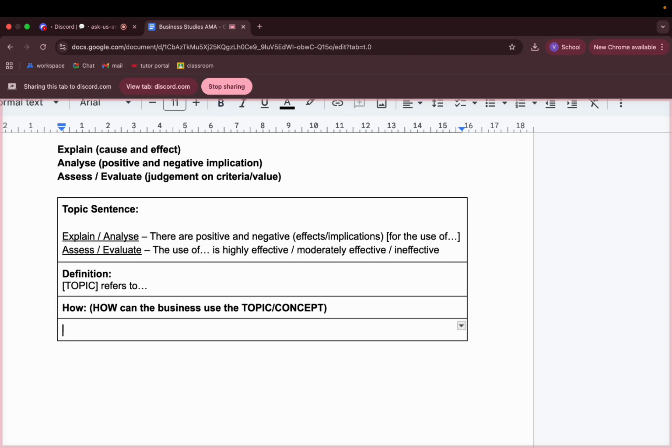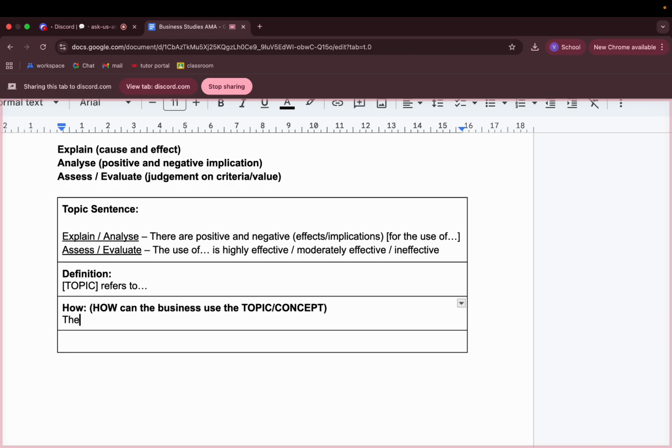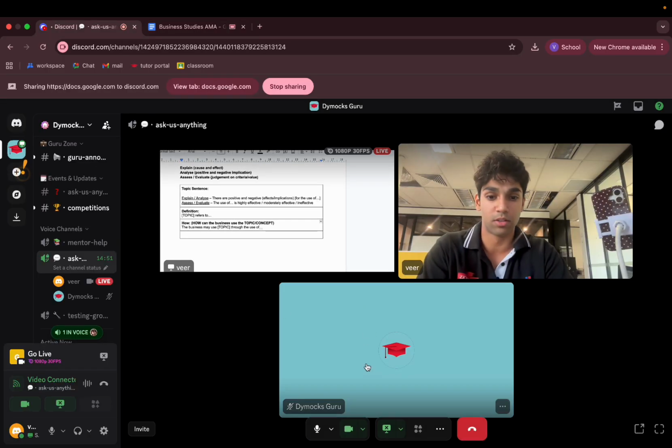In this sentence, you would say the business may use whatever the topic might be, for example, technology, through the use of, and then for example, we would say robots, conveyor belts, AI detectors, things in manufacturing.